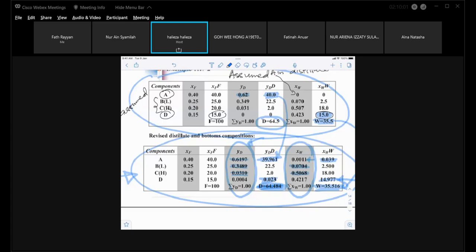In these 2 hours, I have done the calculation for the dew point, the calculation for the boiling point, and I have calculated the minimum number of stages, and I have revised the composition for the distillate and my bottom product. I rechecked that my assumed value is quite close to my calculated value. So that's what I've done today in 2 hours.